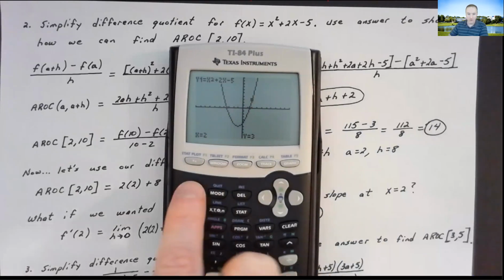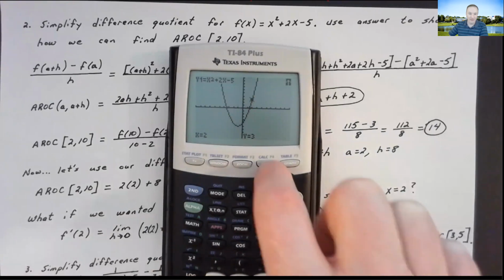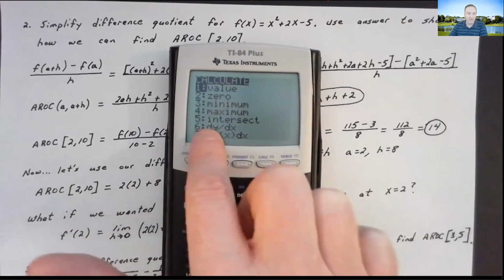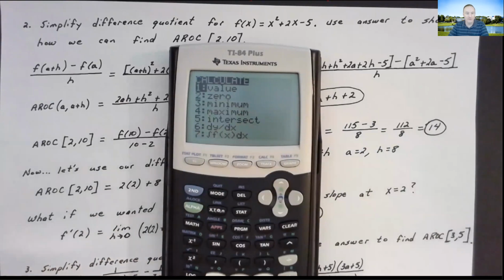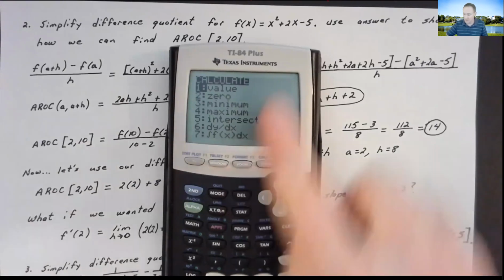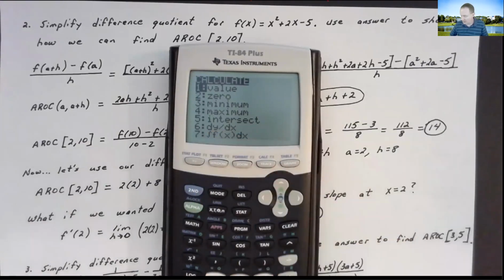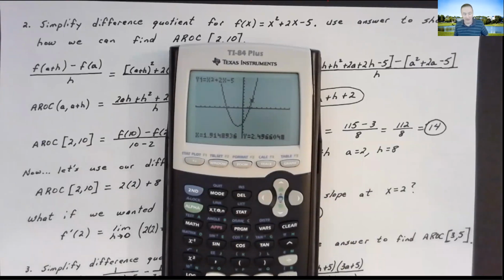Well, notice you can go second calculate, and remember the slope formula is the delta y over delta x. It means the change in y over the change in x. Well, if you want the infinitesimally small change in y over the infinitesimally small change in x, otherwise known as the instantaneous rate of change of y with respect to x, you just choose number 6. And you say, well, I need to calculate the derivative or the instantaneous rate of change at x equals 2.